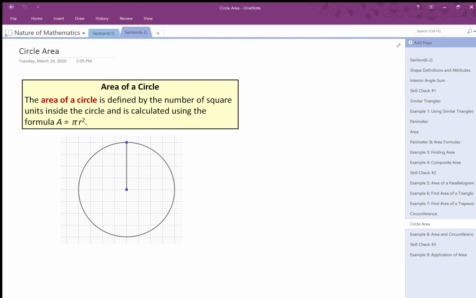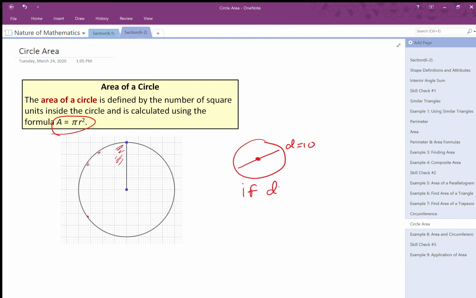Area of a circle is defined by the number of square units inside the circle and is calculated using pi r squared. So we see that we can count, but there would be a lot of estimating here with all of these different parts of a square unit. So mathematicians have worked this out, that this gives us the area of the circle. So if I had a circle with diameter equal to 10, I see that I must use the radius.